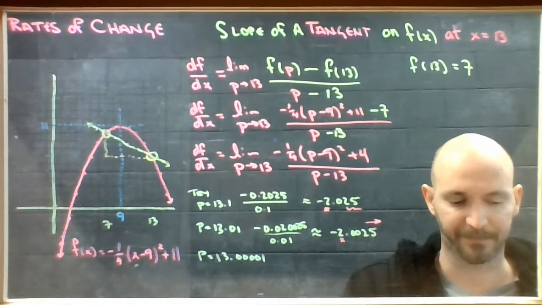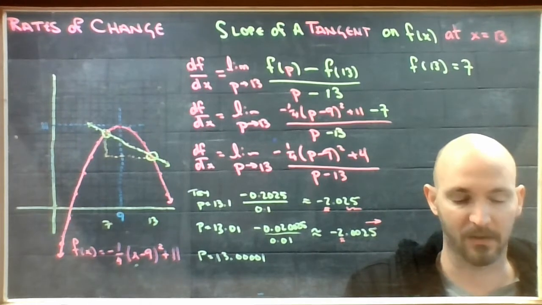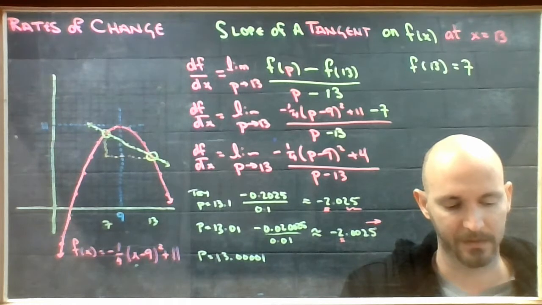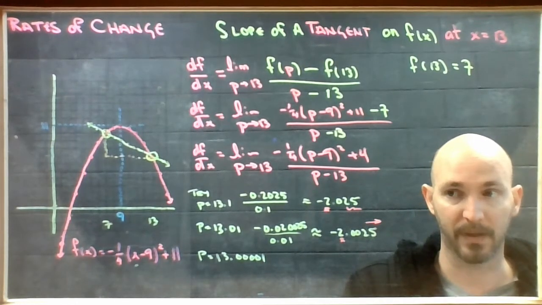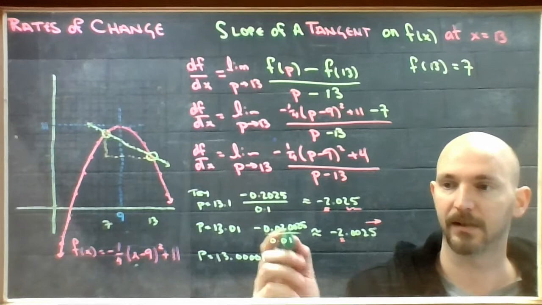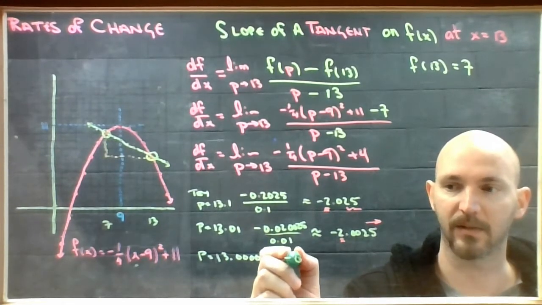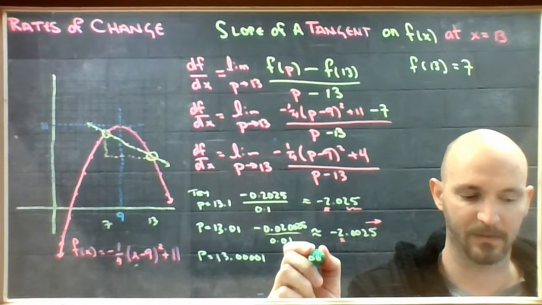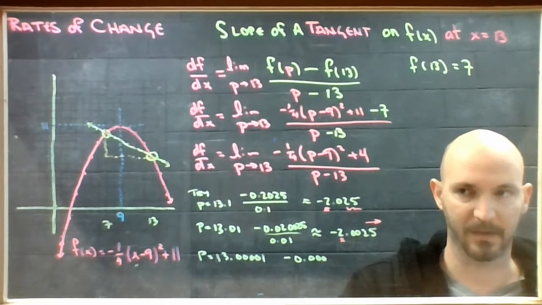Square it is the 16 and a whole bunch of other stuff, times negative a quarter gives me negative 4.002 plus 4 gives me negative 0.0001. I'm not real happy about that. Let me try that one again.